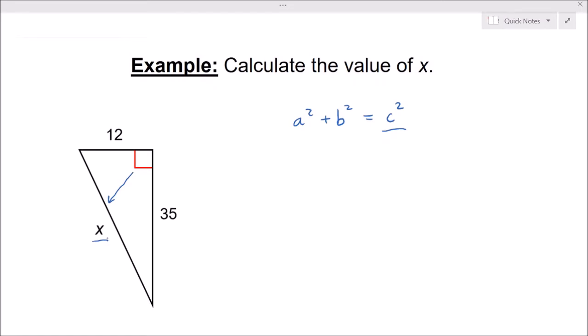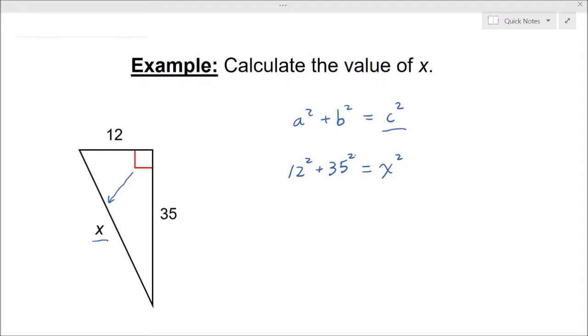So what we do is we replace c with x squared. And then the other two sides, 12 and 35, in any order, we plug those in for a and b. So 12 squared plus 35 squared. And now we just use algebra to solve for x, as in to get x by itself, right?